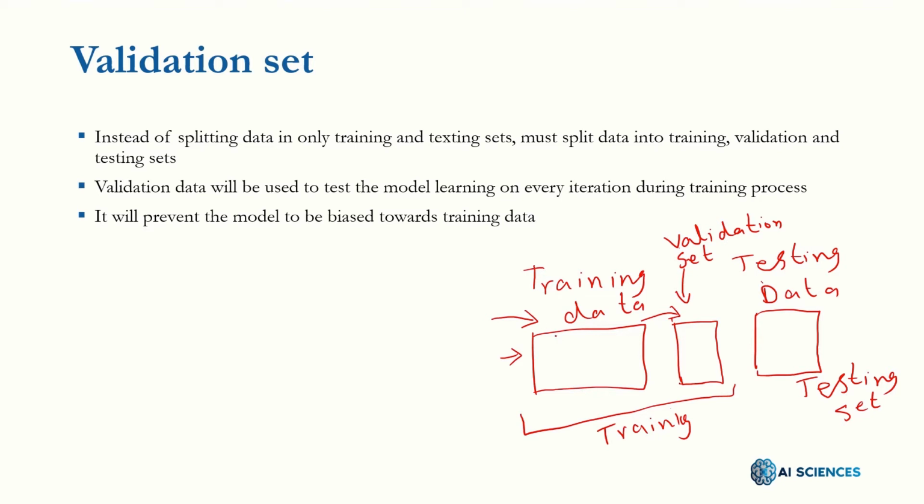If the model has gone biased towards the training data, it will perform badly on the validation set. So we adjust the parameters of the model and make it perform well on the validation set. And it keeps our model from going toward overfitting, because every time we are checking it on the validation set. So it will prevent overfitting.